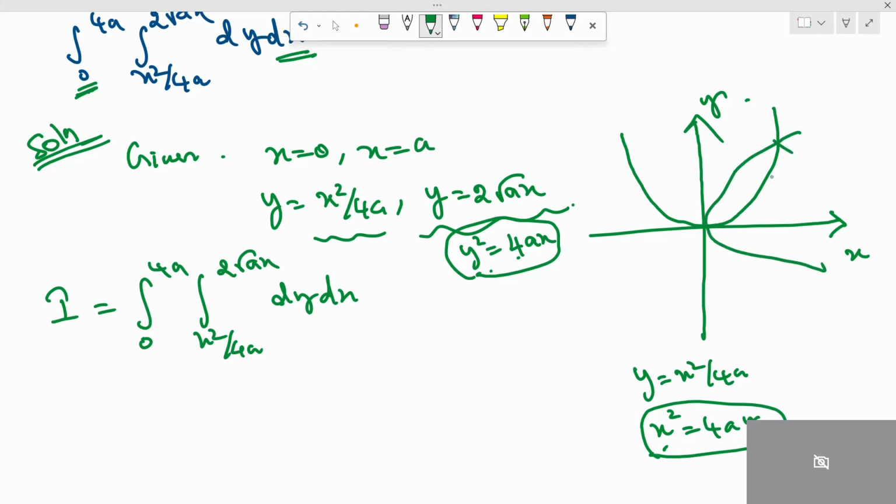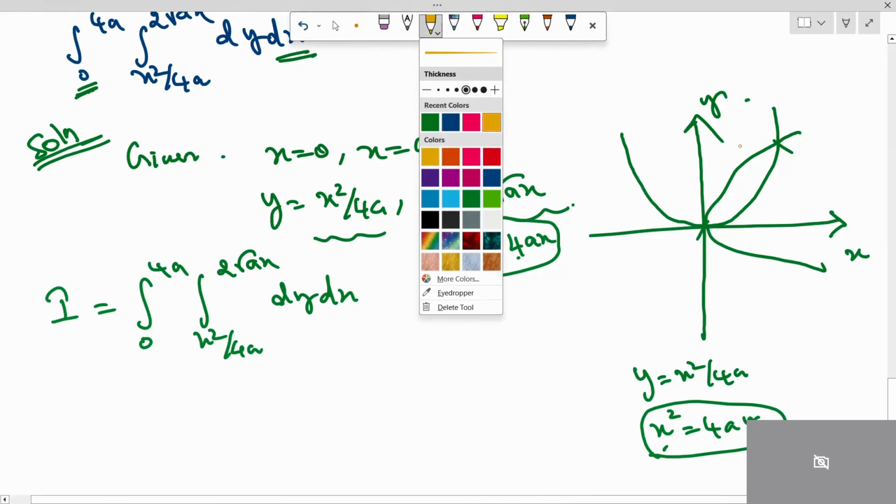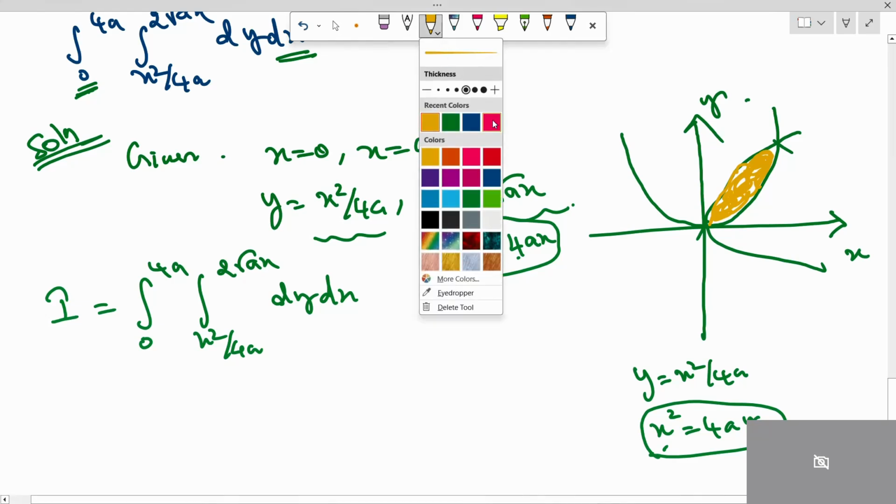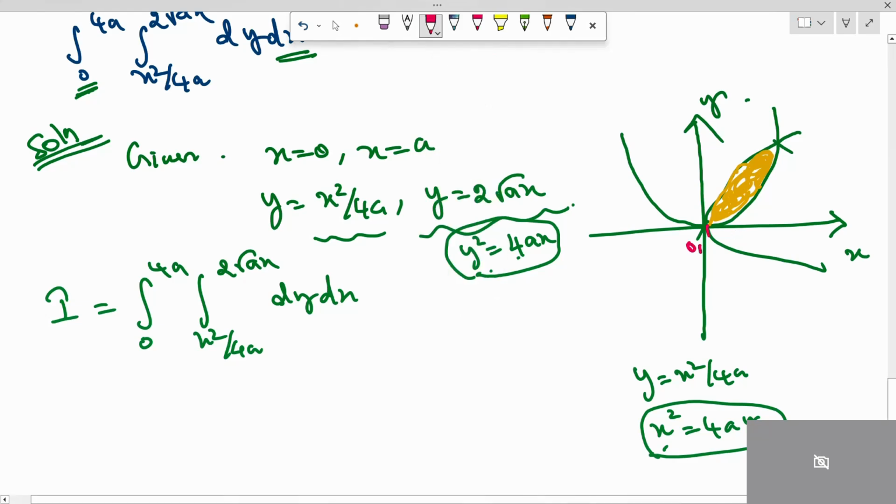Okay, this is our boundary region. Then mark the intersect points. Here we know that is 0, 0. Here 4a, 4a will come.